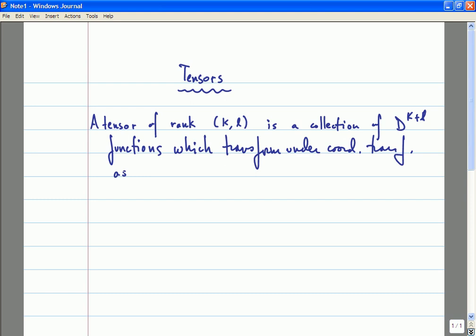If we wrote these d to the k plus L functions in a set of x mu coordinates, you would label them by k plus L indices, k upper indices and L lower indices. For example, the upper indices could be mu 1 up to mu k, and the lower indices nu 1 up to nu L in, say, x mu coordinates.